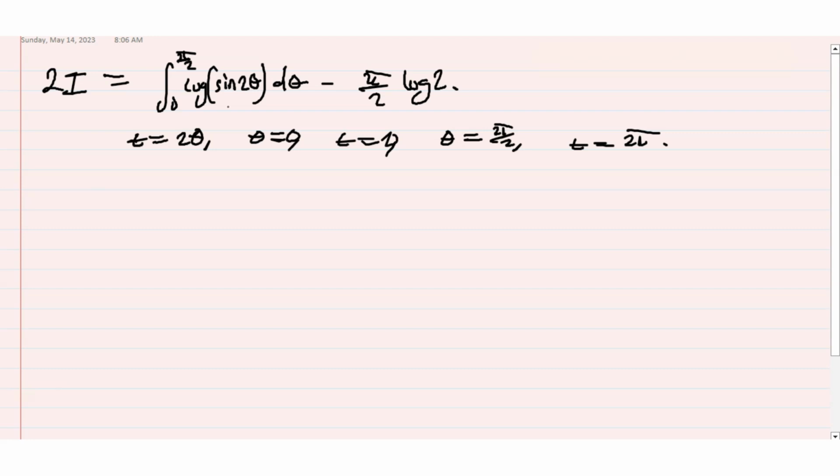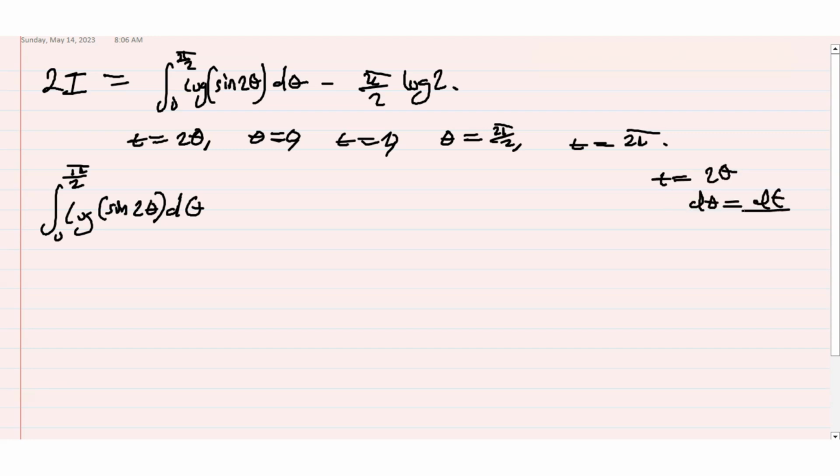So let's just compute the smaller integral. This integral from 0 to pi over 2 of the logarithm of sine 2 theta d theta. Now notice that because t is 2 theta, d theta will be dt divided by 2.